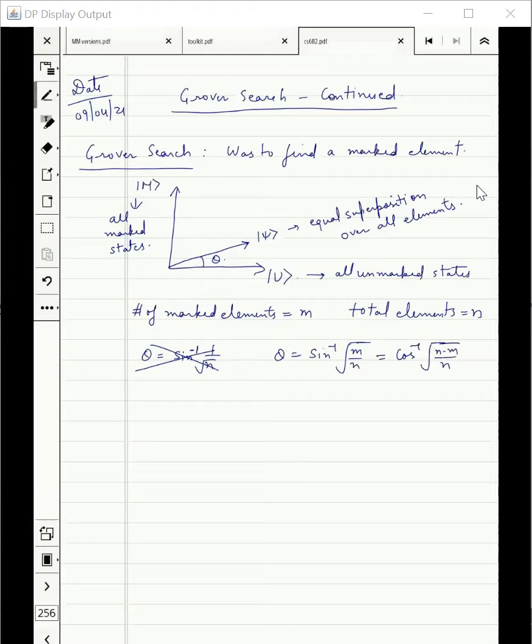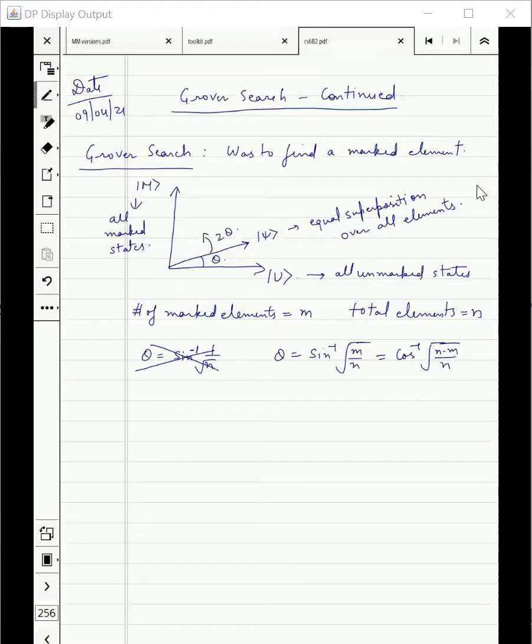This was the picture, and the algorithm simply was to rotate this vector psi by an angle. How much did we rotate by in every iteration? 2 theta, right?